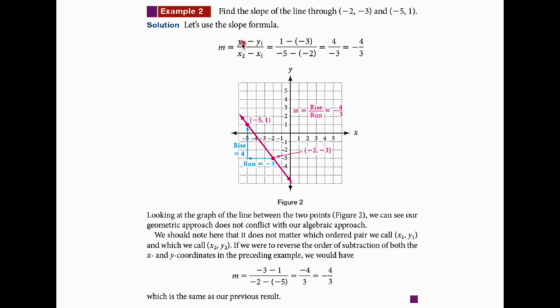If I subtracted and took y1 minus y2 and x1 minus x2 on the bottom, if I switch those 2's and 1's, as long as I'm consistent, my answer is going to be the same. But I can't subtract y2 first here and then x1 down here. They have to line up. It's because subtraction is not commutative. If I take 4 minus 3 and then 3 minus 4, we're going to get 2 different answers. So you want to make sure that you stay consistent with that.